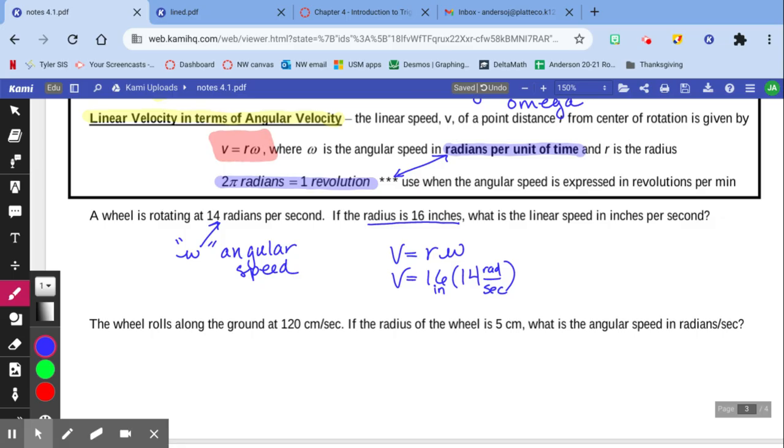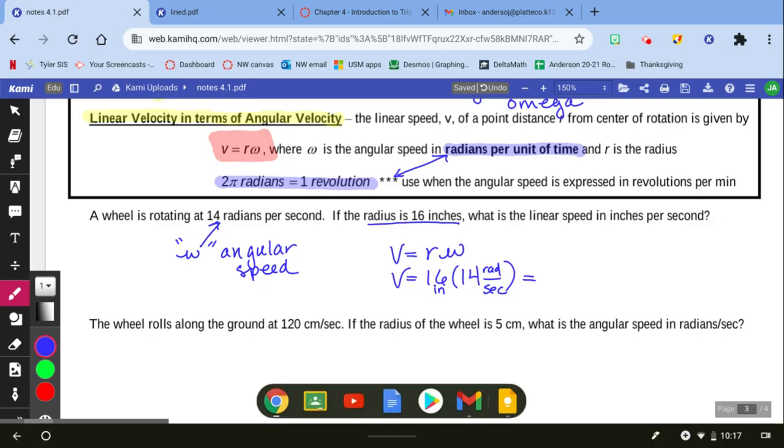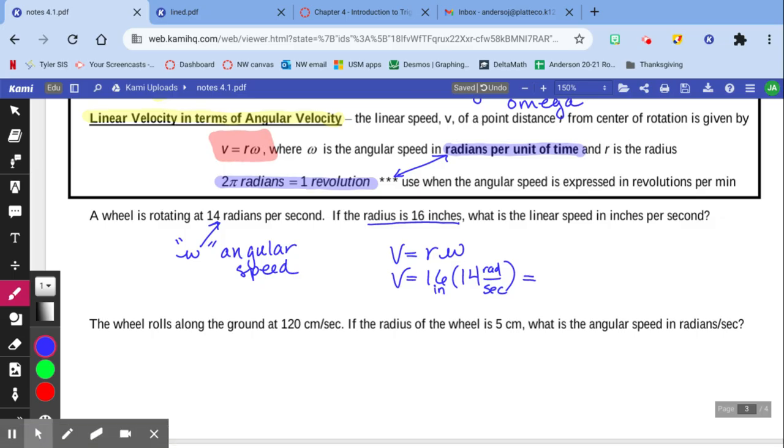When I write my answer, I'm going to write it in terms of the measurement of length over time, so distance over time, whatever that is.